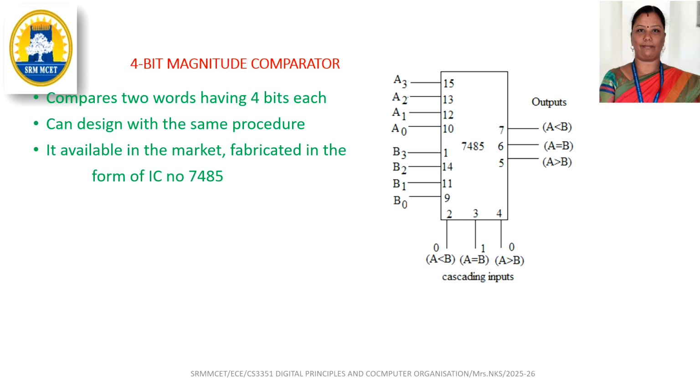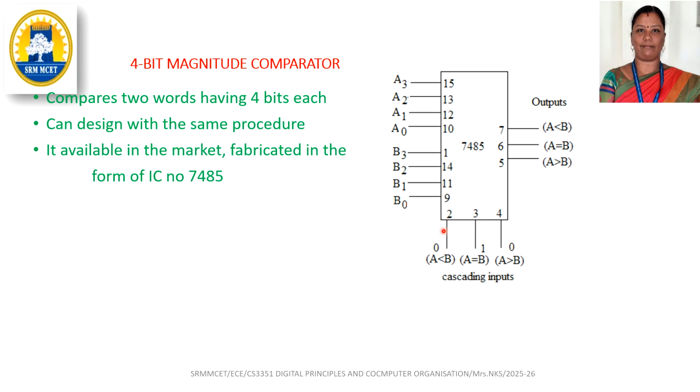The IC number is 7485. So this is a 4-bit magnitude comparator. It has A and B inputs, so the 4 bits are marked as A0, A1, A2, A3, and similarly B0, B1, B2, B3. And these 3 are outputs.